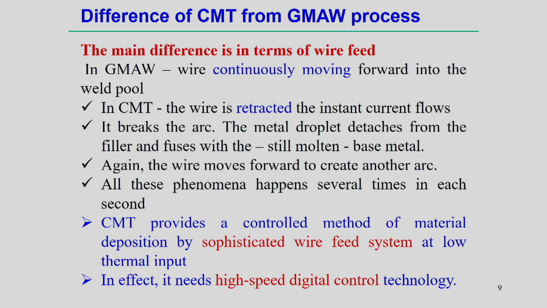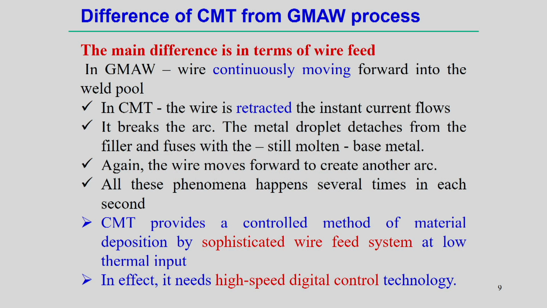So, again the wire moves forward to create another arc, and of course, all this phenomenon happens several times in a unit time, or per second. Therefore, CMT provides a very controlled method of material transfer or deposition, by a sophisticated wire feed system, and of course, this normally happens at low thermal input.